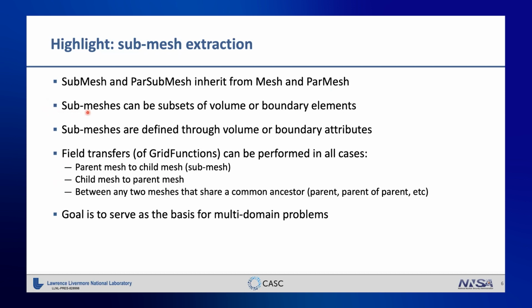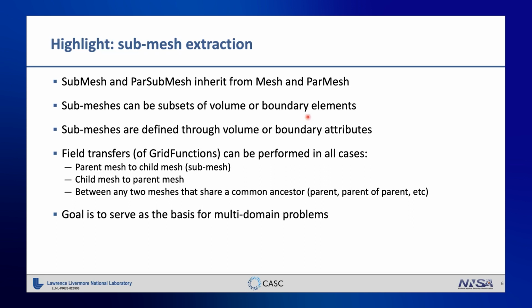So submeshes can be subsets of volume elements or boundary elements. You can extract subdomains, a sub part of the domain. You split your domain into some number of parts if you want to do maybe fluid structure interaction. Or you can do boundaries, and this could be useful for interface processing.